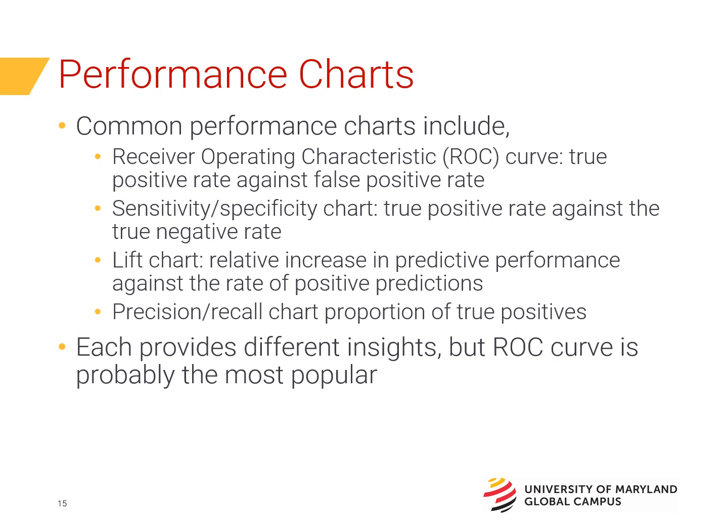A higher lift indicates that the classifier is able to identify positive instances more efficiently than random selection. It is particularly useful in scenarios where resources are limited, and we need to prioritize the instances most likely to be positive.